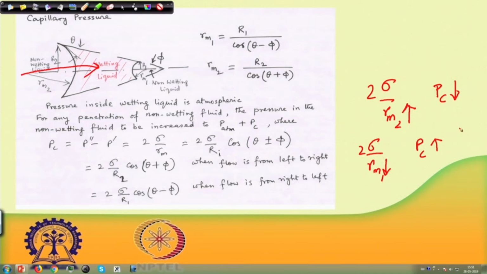Suppose I am increasing the pressure slowly, the pressure inside water is atmospheric and outside I am raising from atmospheric to higher value. I would see the oil will first enter this system from left to right, because first this pressure will cross the capillary pressure for this case, because here the PC is small. So that smaller pressure would be overcome first, and fluid would flow from left to right.